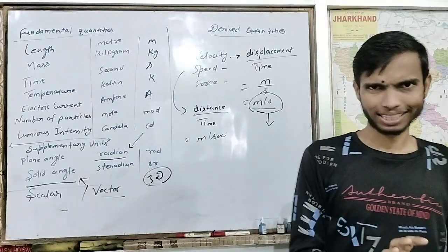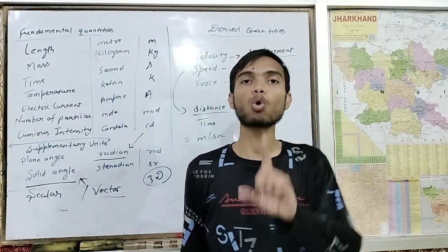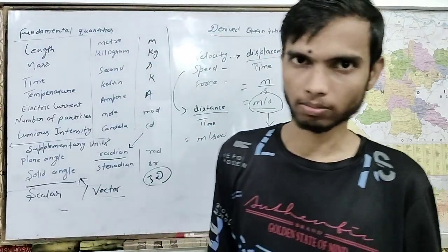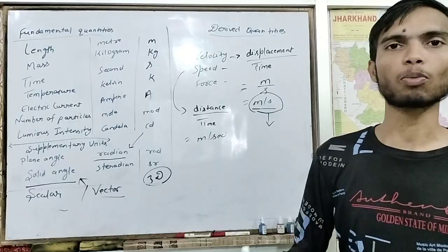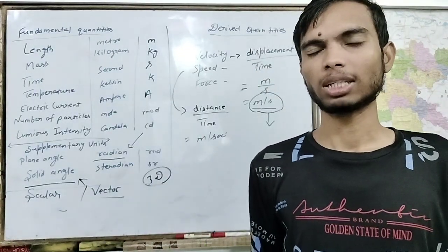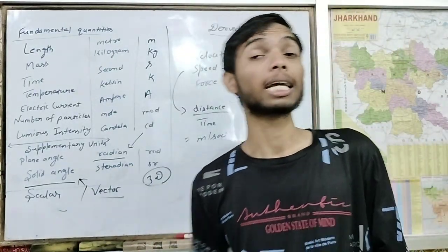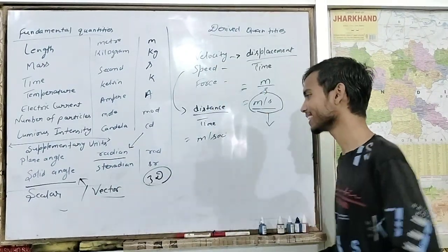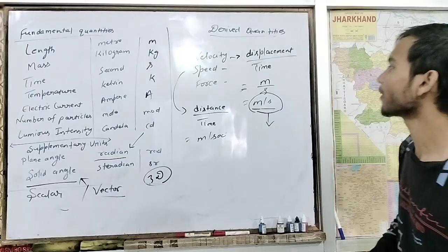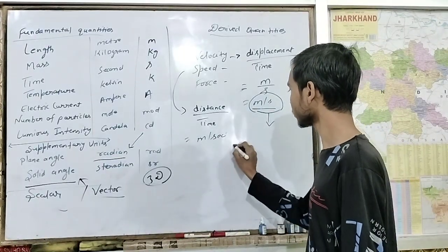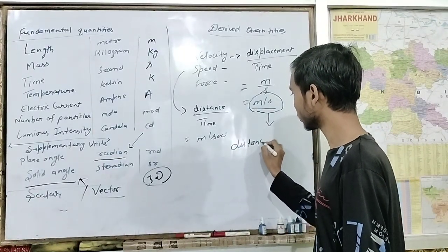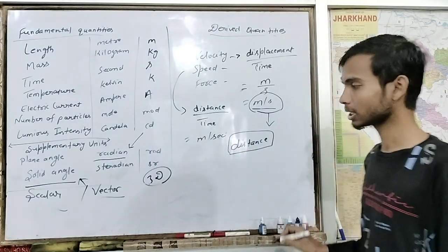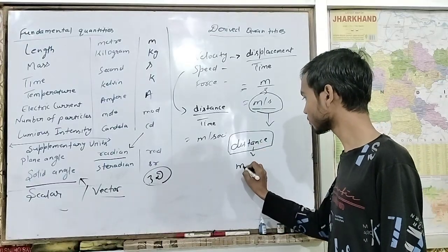Any quantity you take that does not provide you direction will be kept in the category of scalar quantity. So here we have distance. It is not providing you direction. It is just giving you magnitude.